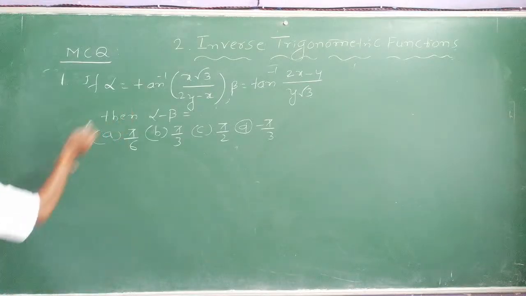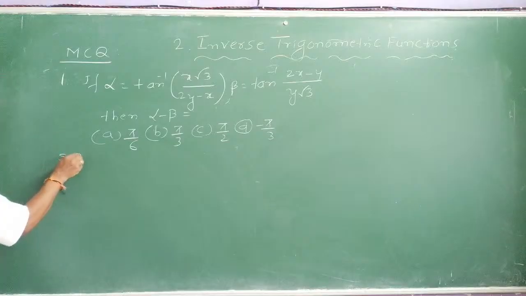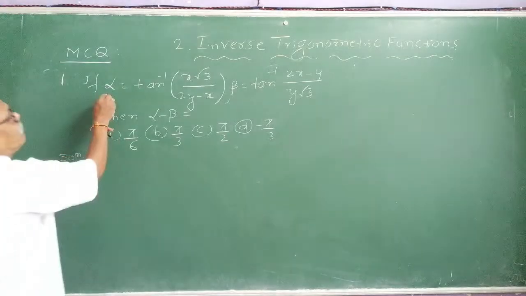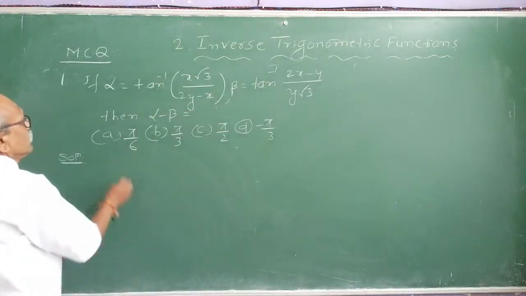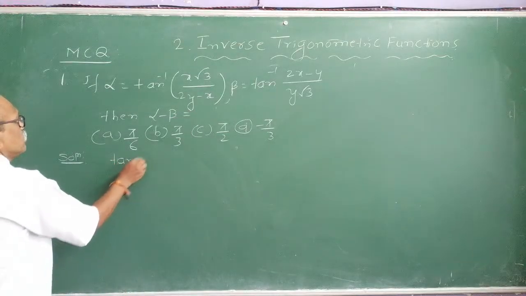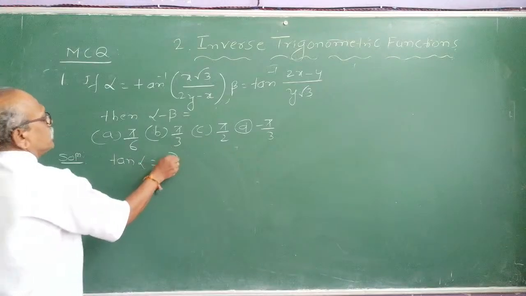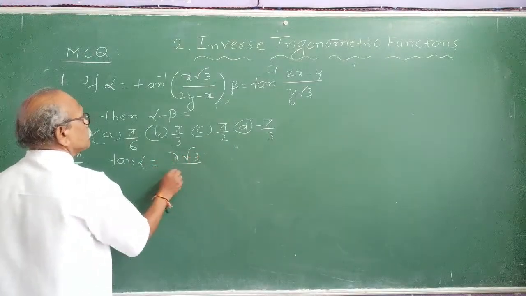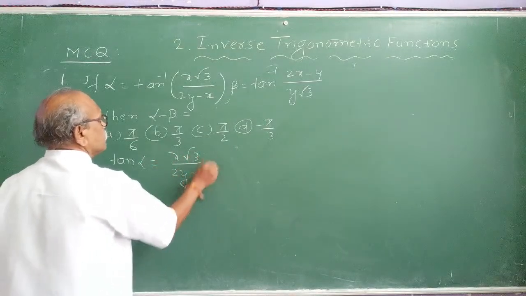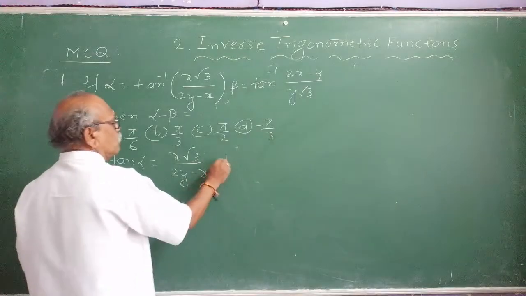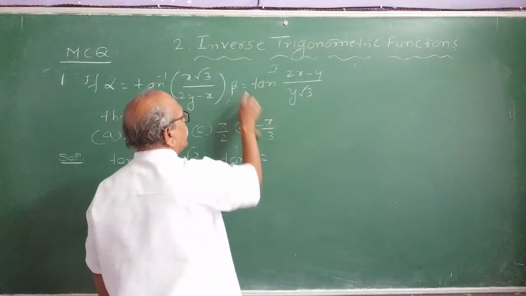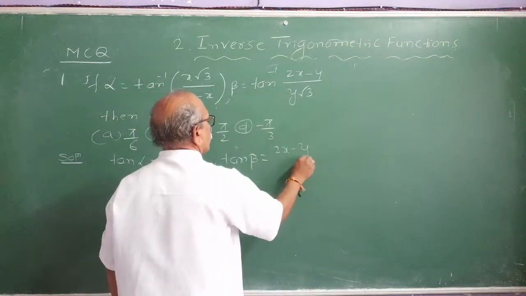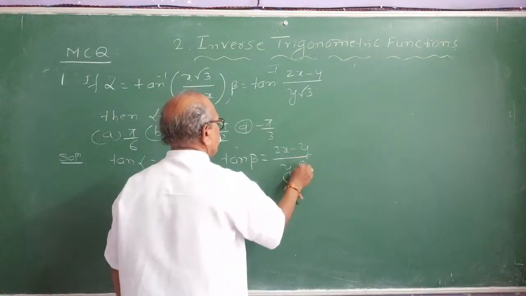See, first of all, you recall, when alpha is equal to tan inverse x root 3 upon 2y minus x, then tan alpha becomes x root 3 upon 2y minus x. Lengthy question, time saving question, be quick. Similarly, tan beta is equal to 2x minus y upon y root 3.